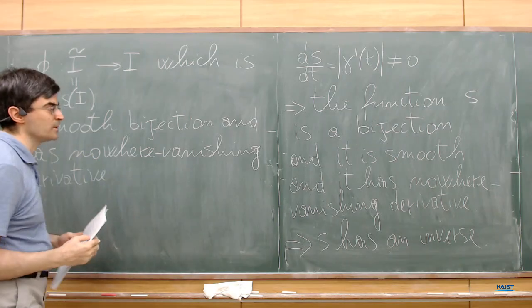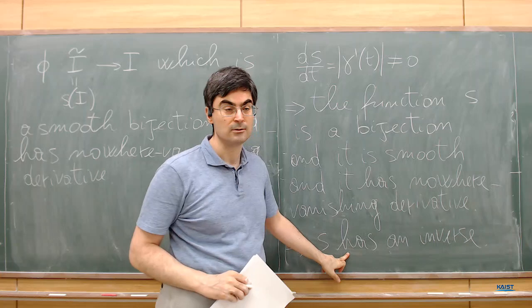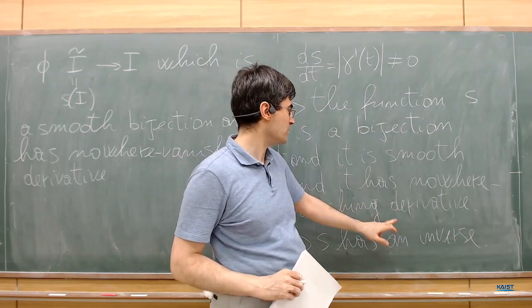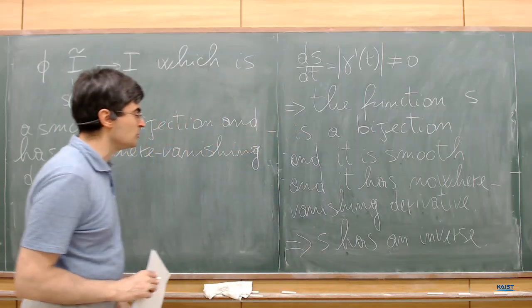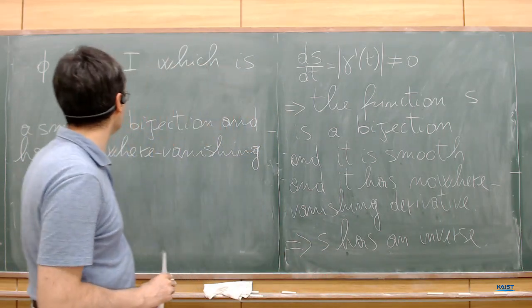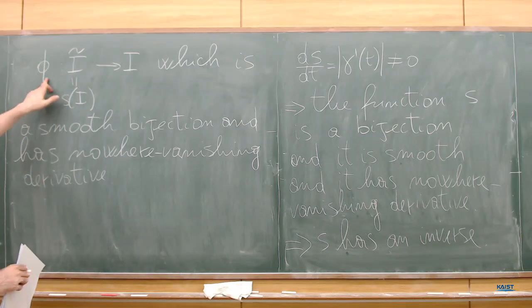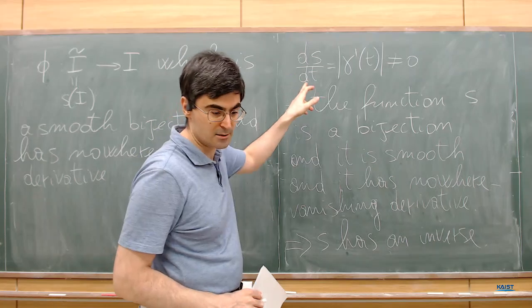Why is this true? Because this function is the inverse of this function here, which was smooth with nowhere vanishing derivative. You know from the course of calculus that there exists a formula giving you the derivative of phi in terms of the derivative of s.